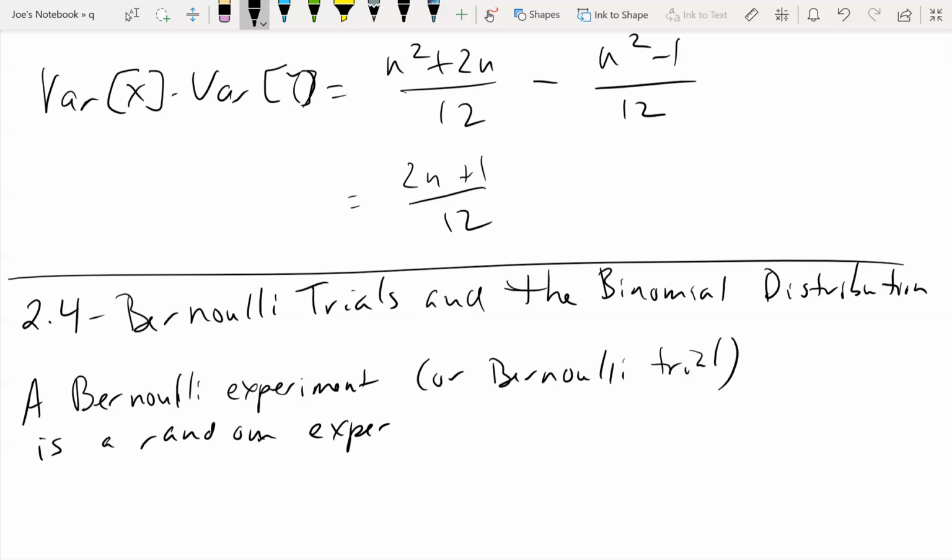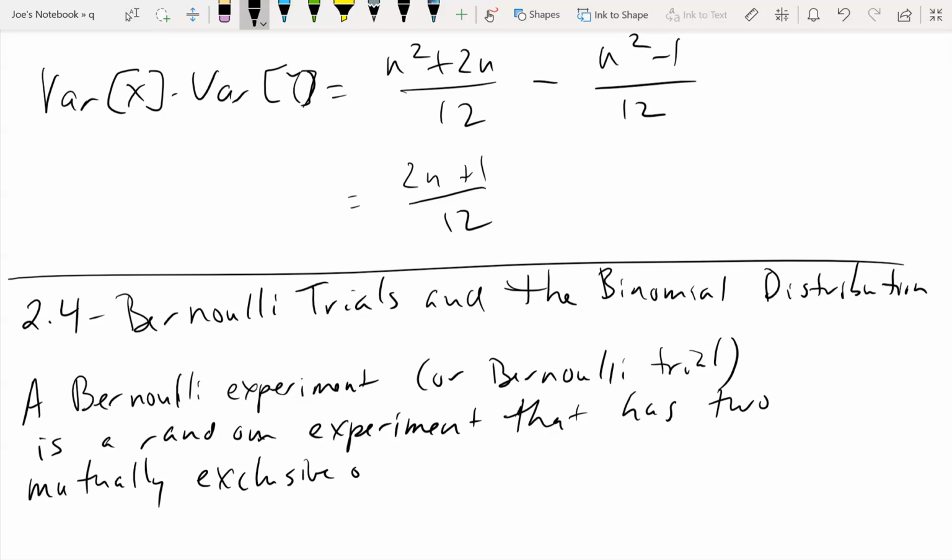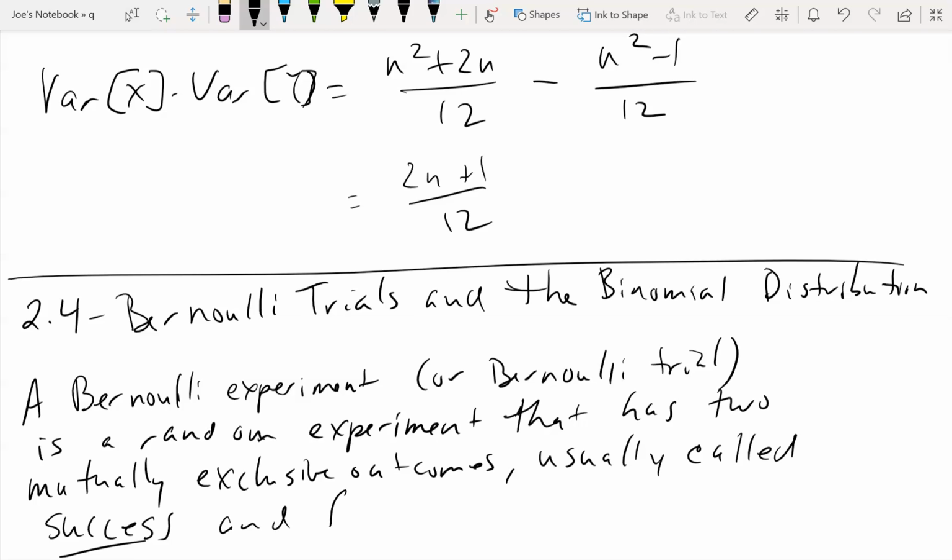So it's a random experiment, selecting a person in the population at random that has 2 mutually exclusive outcomes. And we usually call them success and failure. Don't take those words literally. It's just the words that are typically used.